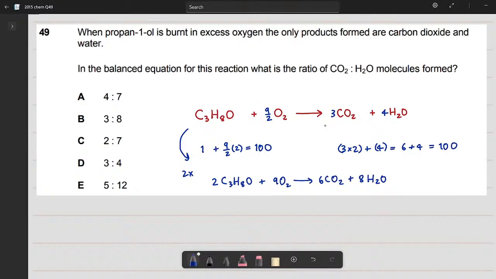But none of the given options states this ratio, so if we divide by 2 again, we get the ratio of 3 carbon dioxide and 4 water molecules. So option D is correct, because this corresponds to our working, 3 and 4 in the simplified ratio.